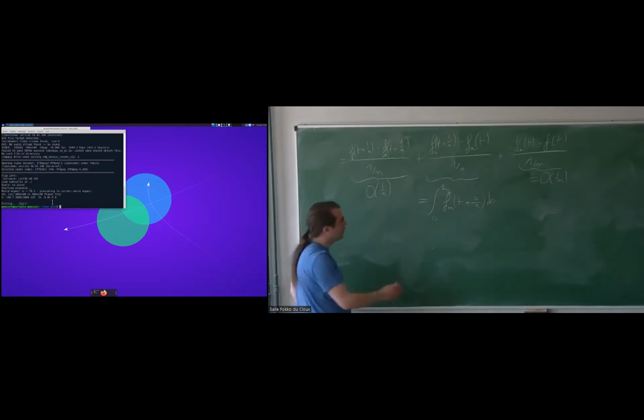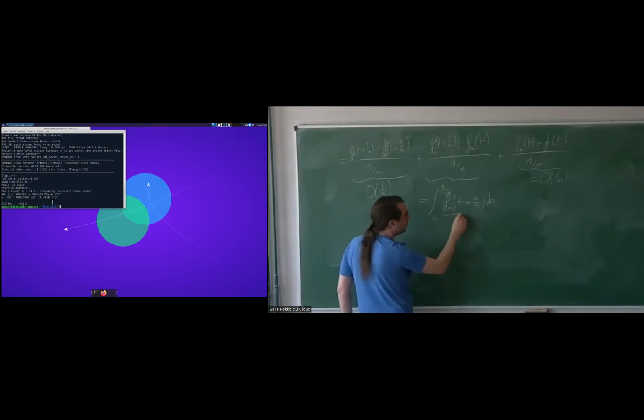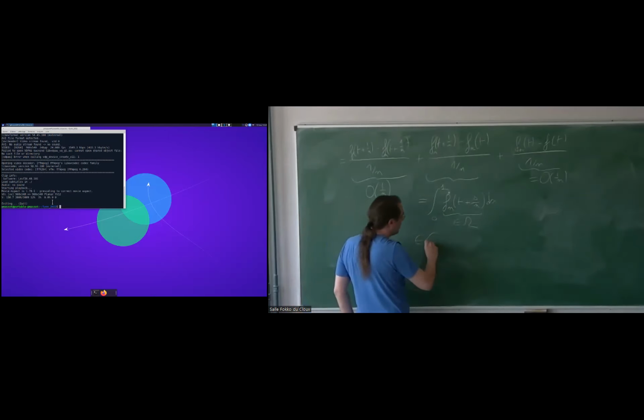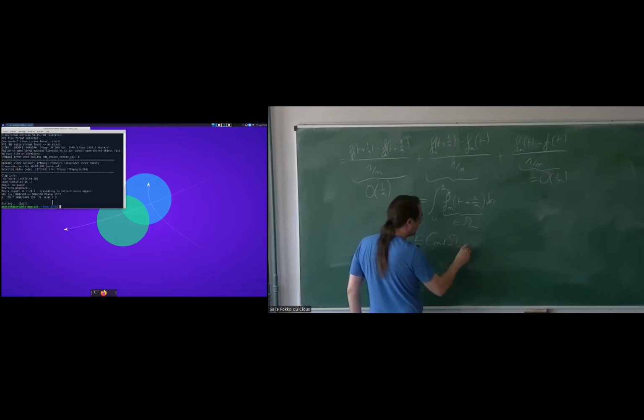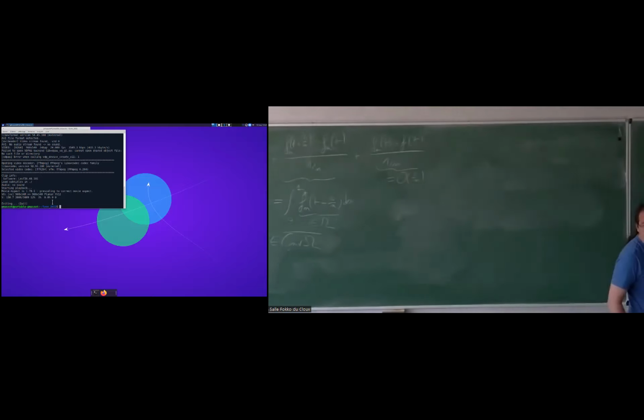And now this belongs to the convex hull of omega, because all this is in omega. And so if you look at the Riemann sum approximation of this integral, this will be in the convex hull of omega, and then the integral belongs to the closure of the convex hull of omega. And the left-hand side was converging to f dot of t.